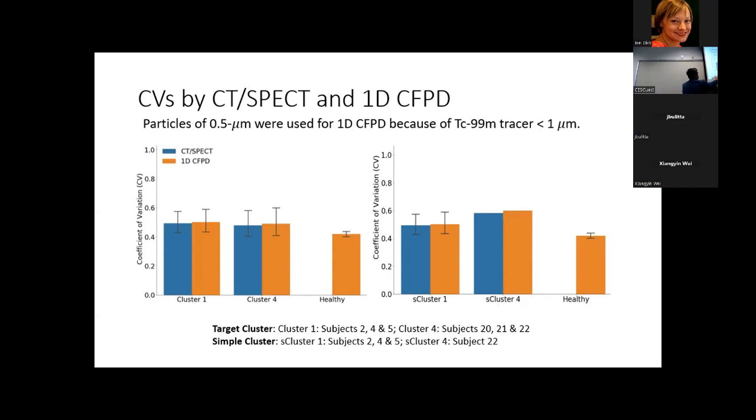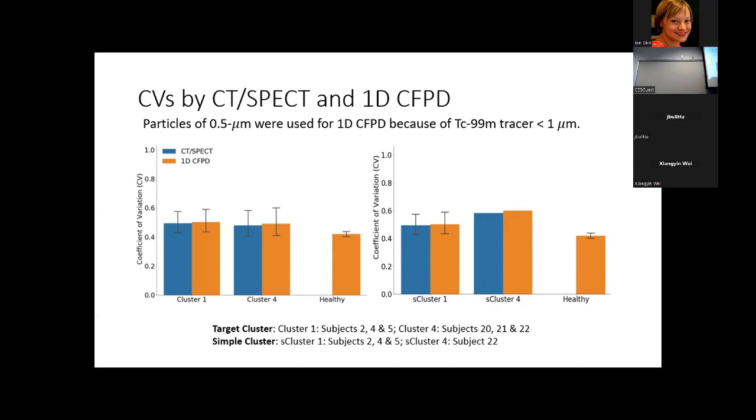And there are two columns, CT SPECT versus CFD. Okay. And we also use healthy as a reference, but we don't have CT SPECT data for healthy subjects. However, if we use imaging cluster information to compare the results, then you can see simple cluster 1 consists of subjects 2, 4, 5, and simple cluster 4, unfortunately, we only have one subject, 22.